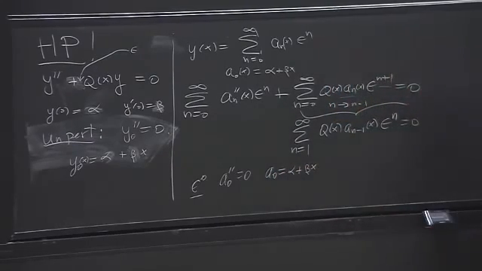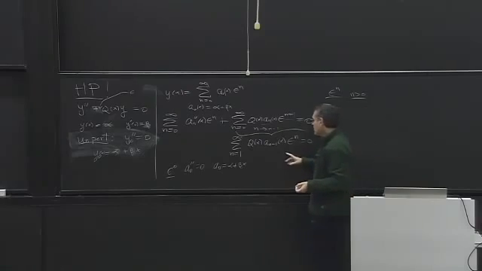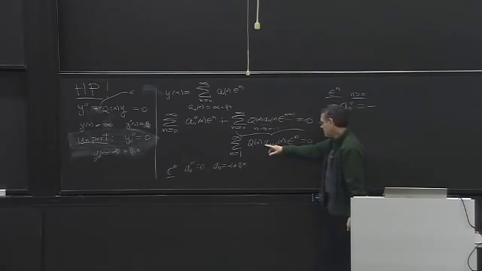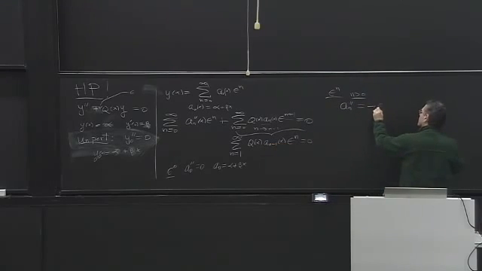And for the coefficient of epsilon to the n where n is greater than 0, what is the equation that we have to solve? The equation is a sub n prime prime is equal to minus q times a sub n minus 1. That's the equation we have to solve.